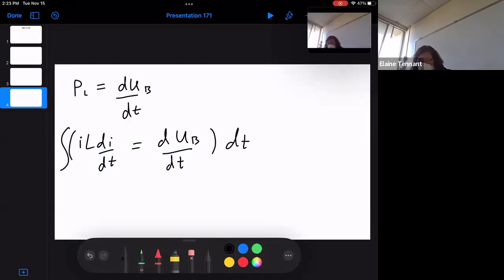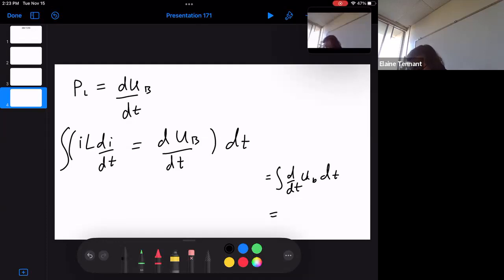And so on one side, it's pretty straightforward. On one side, I have the integral of a derivative. If I'm taking the time derivative of the energy, and then I'm integrating that, what am I going to be left over with? Yeah, just energy, right?